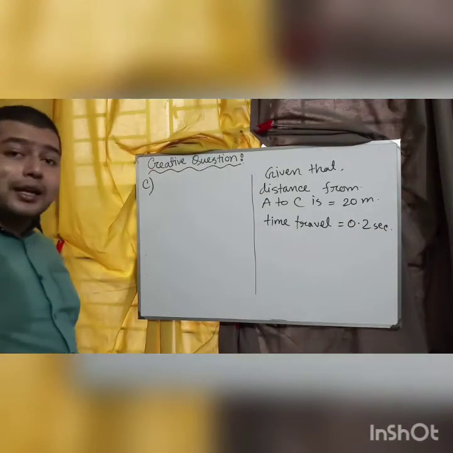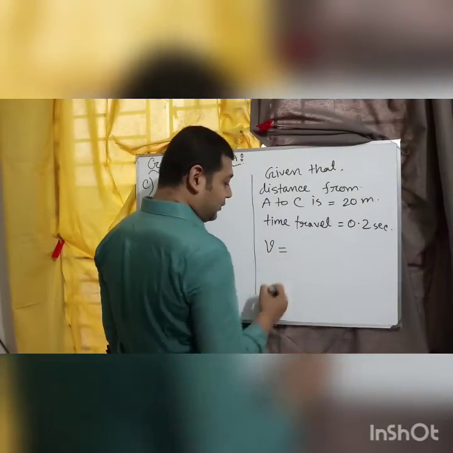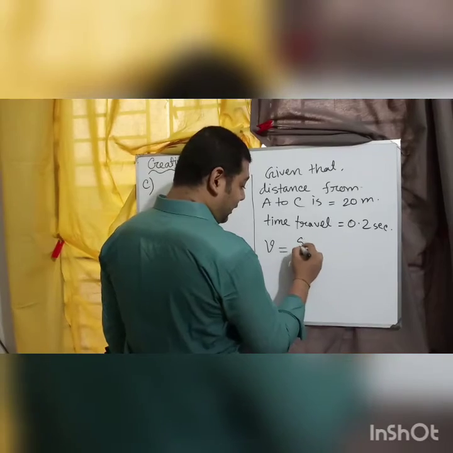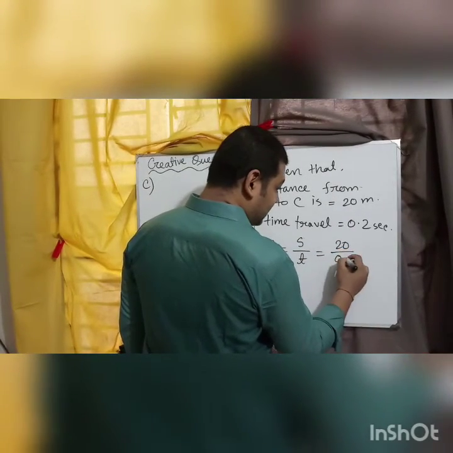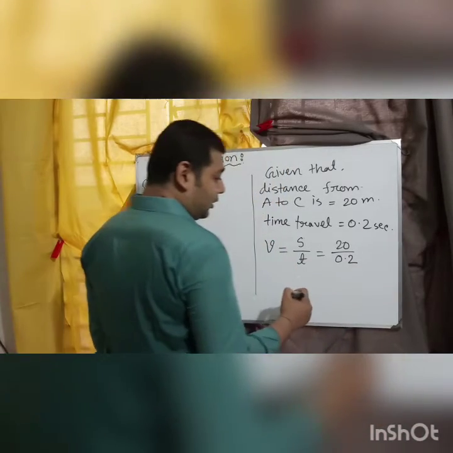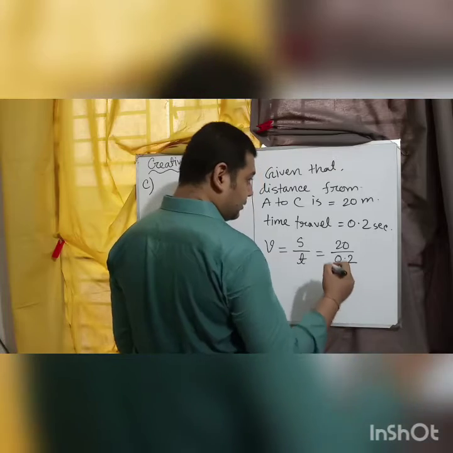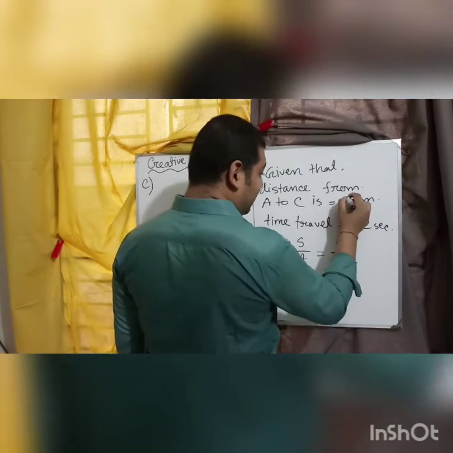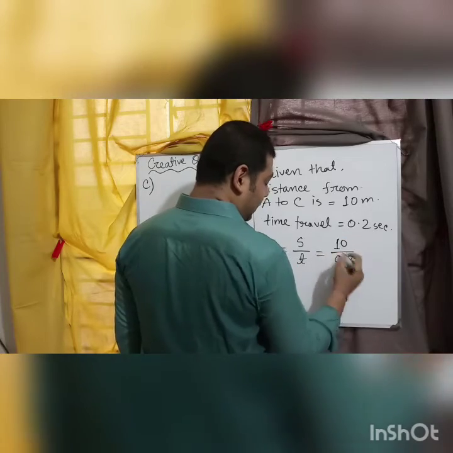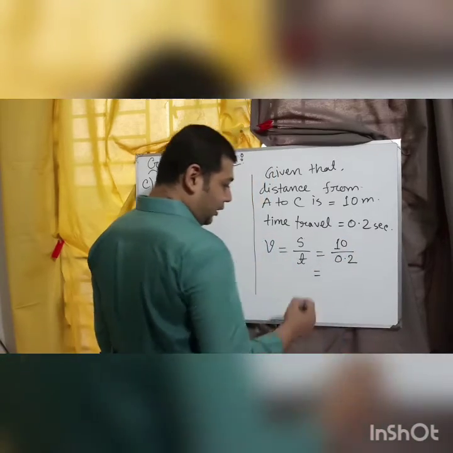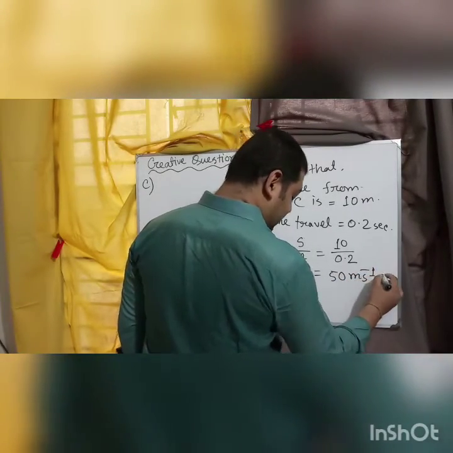From this data we can determine the velocity of sound. We know that velocity v equals s by t. So we can write 10 by 0.2, which equals 50 meters per second.